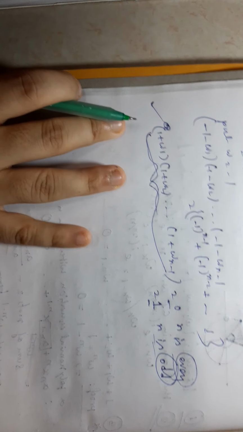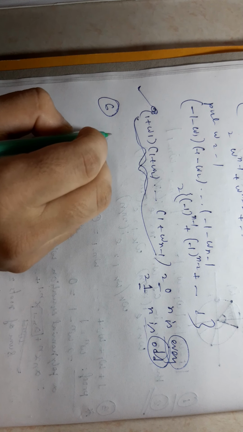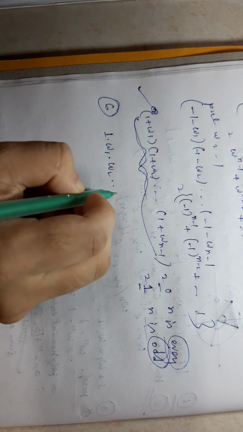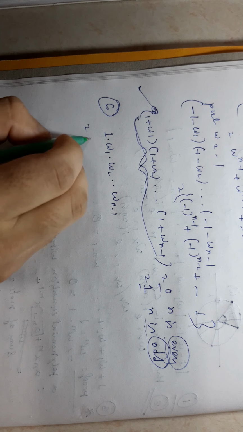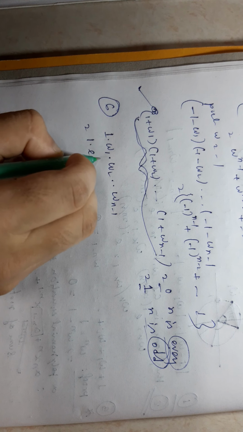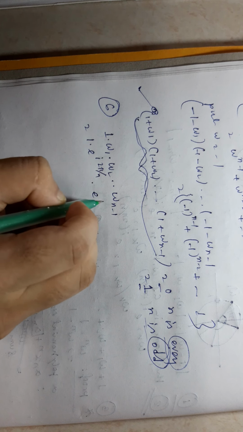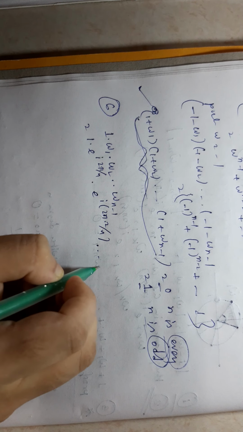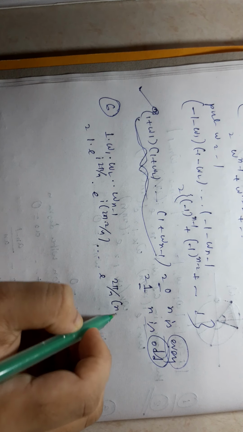Okay, so the sixth property is, what is the product of the roots, like 1 into omega 1 into omega 2 dot dot dot omega n minus 1. You know omega 1 is e to the power i 2 pi by n, into e to the power i 2 pi into 2 by n, and so on up to e to the power i 2 pi by n into n minus 1.